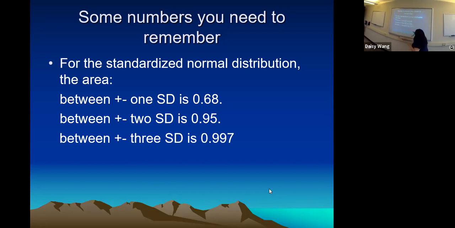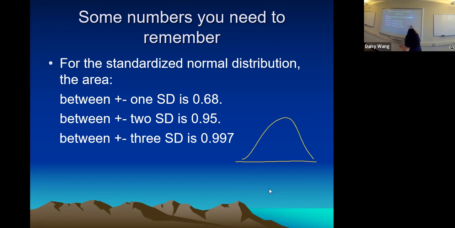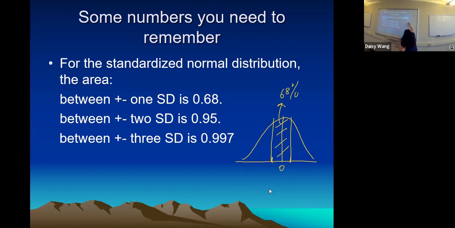Good. So let's do this. Let's say this is 0, and this is 1 standard deviation. So this area will have 68% of the whole area.